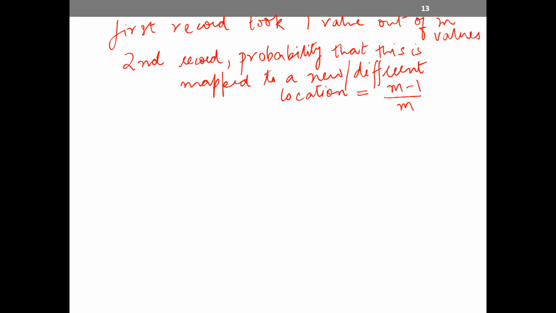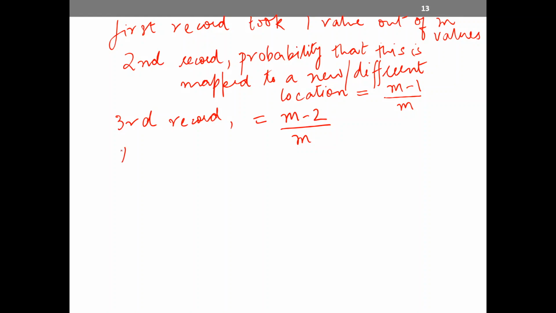Similarly, for the third one, the probability that it is mapped to a location different from the first and the second is m minus 2 over m, because 2 are already taken.